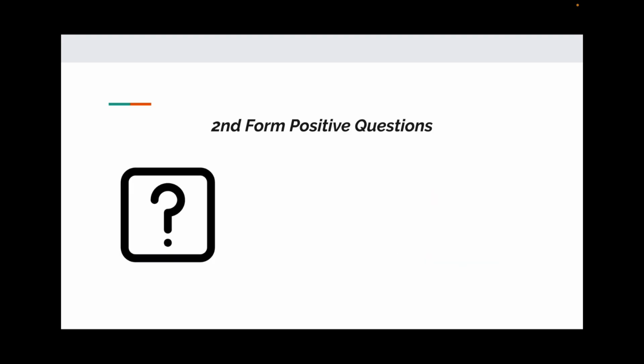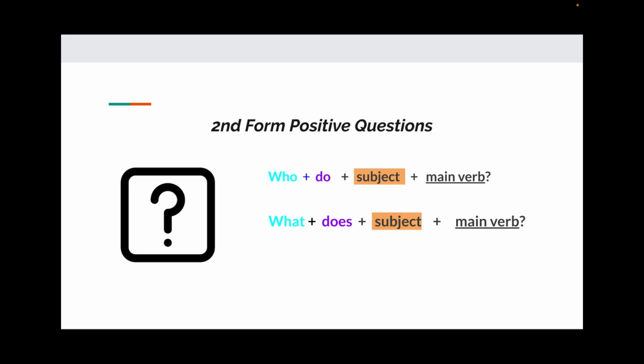Here are some examples of second form positive questions. Here we have who, do, plus the subject and the main verb. And here we have what, does, plus the subject and the main verb at the end. And so continuing with Kevin, we have what does Kevin like?